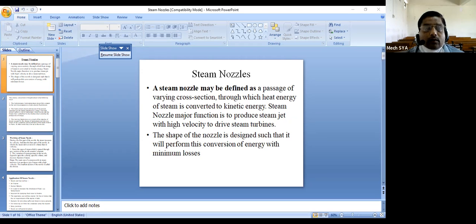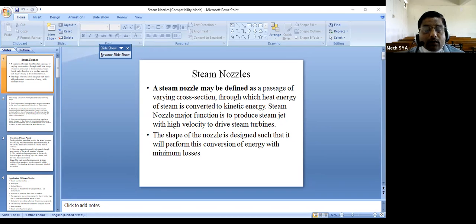Torque means if anything is displaced, we can produce torque. The change of momentum produces force, and force into distance is equal to torque. So the moving blades move as a result of the impulse of steam caused by the change of momentum, and also as a result of the expansion and acceleration of steam.